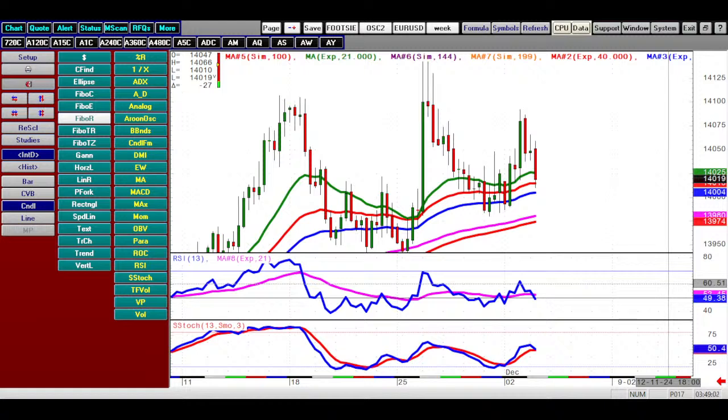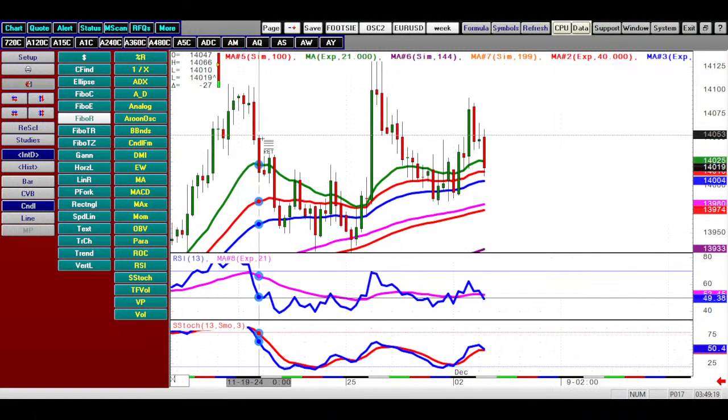So the gold is filled, and we just have to see whether that 42 breaks. If the 42 breaks, then we are right, and we can see the price heading south. Okay, the gold.